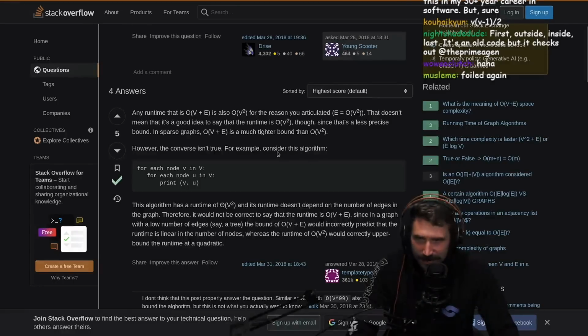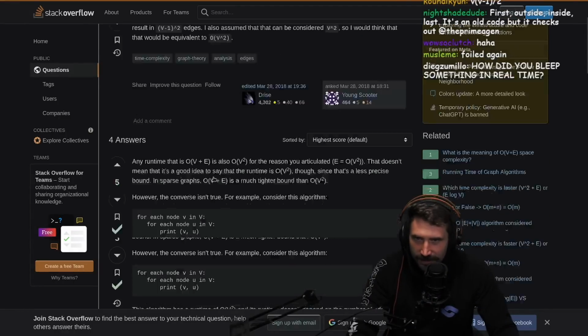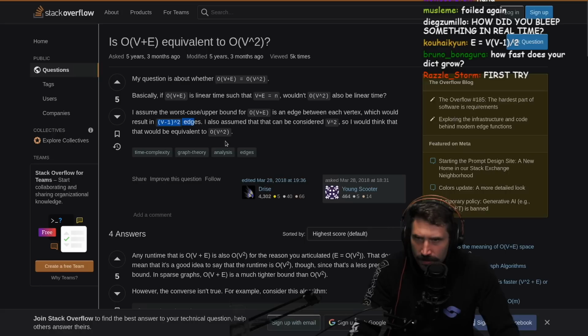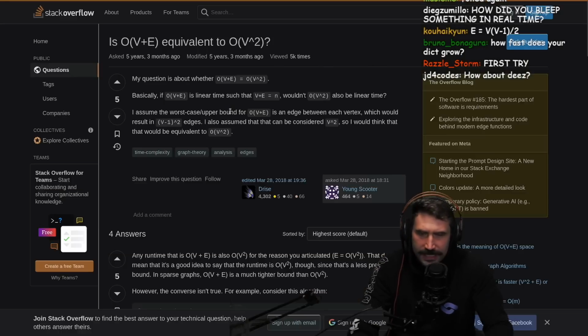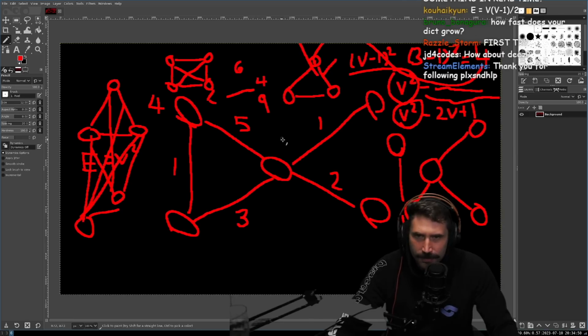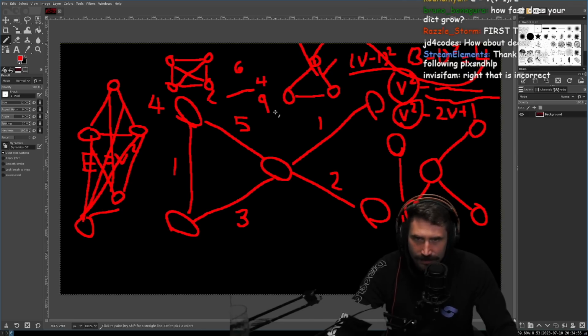I must have got something wrong along the way. This statement is incorrect, because if you look at this, you've got 1, 2, 3, 4, 5, 6 edges. You have 6 edges and you have 4 vertices. That would be 9 based on that equation. So that's not right either.